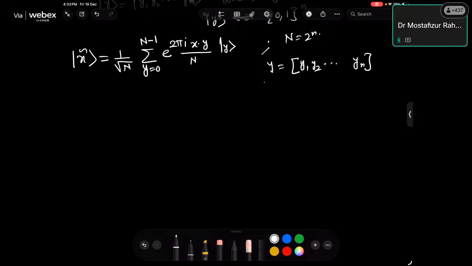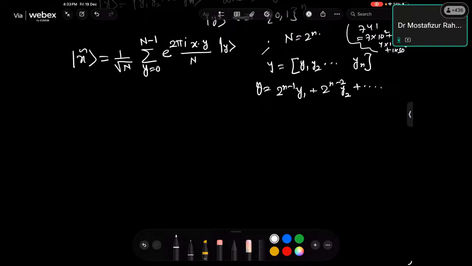Any binary representation, we can also write as 2 to the power n minus 1 times y1 plus 2 to the power n minus 2 times y2, in this particular form, right? Like if there is a decimal number 741, how do we write it? 7 into 100, meaning 10 squared, plus 4 into 10, plus 1 into 1, 10 to the power 0.